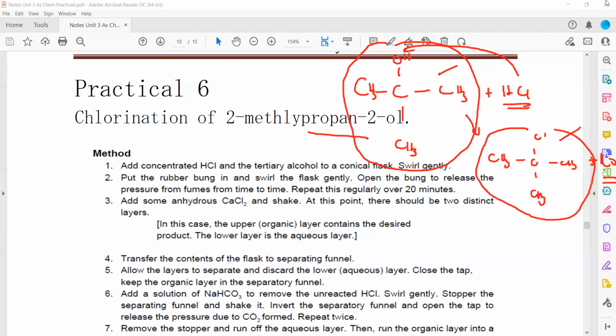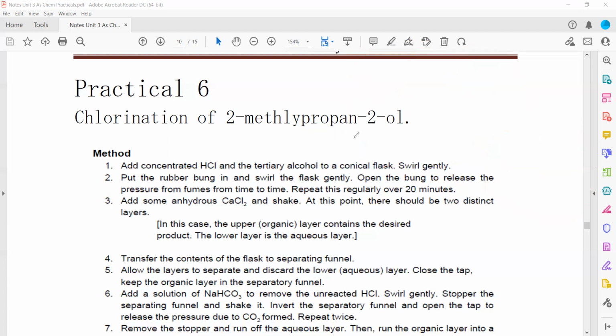Then what we will do is transfer this into a separating funnel. So this is a separating funnel. We transfer the mixture. So the mixture is being transferred into the separating funnel.